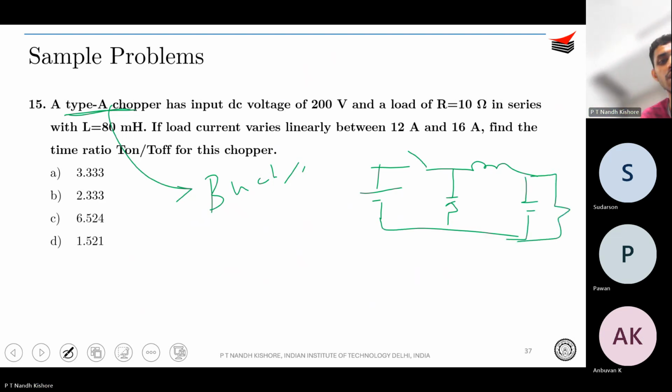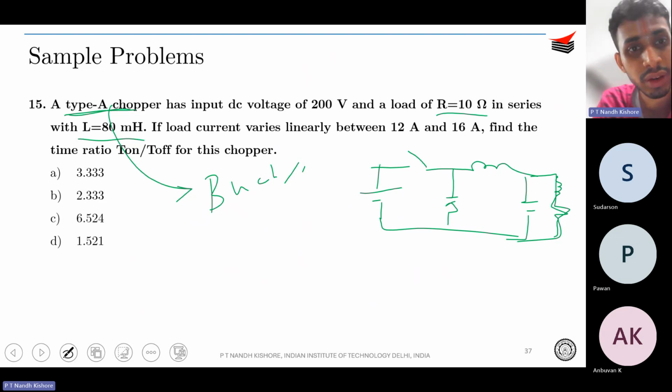The point is they have given that it's an RL load, so you have an L and then an R. They have given the values of R and L, but it has been given just to confuse you guys.